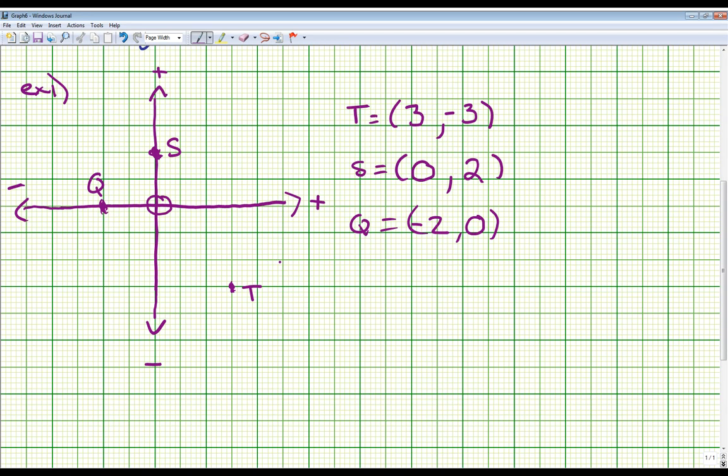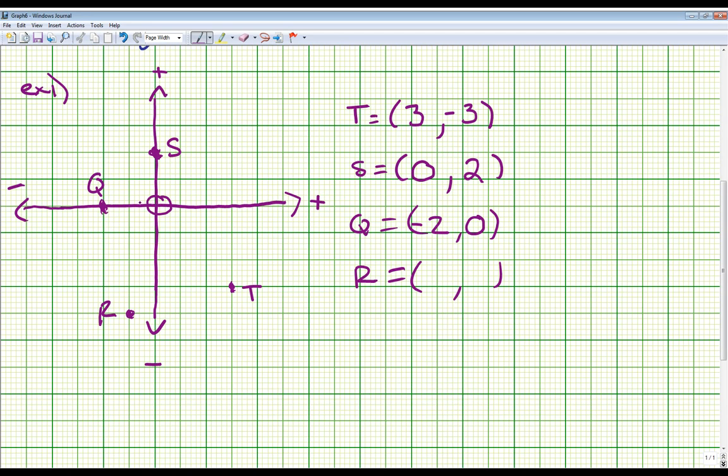Our next point we're going to plot is going to be right here. Put a dot right there in your journals, and we're going to label that R. I'm kind of doing these out of order, but that's okay. From that origin, we have to move to the left, so our first number is going to be a negative.